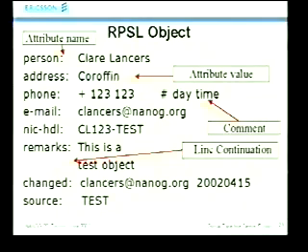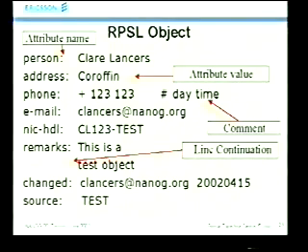So I guess implicit in that is the fact that in an object, attributes must come in a particular order. You cannot switch around order. In RPSL, the attributes can be in any order, except the class key must come first.